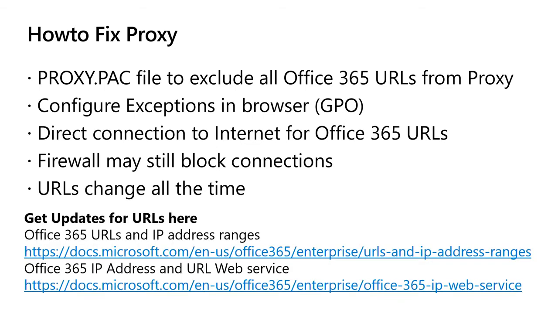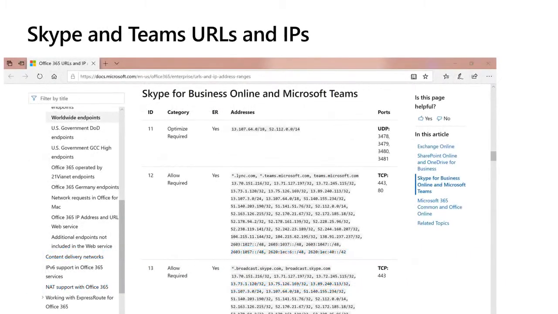Then let's look at these URLs. You can actually get all of the URLs and the IP addresses that Office 365, Microsoft Teams, and Skype for Business are using. But of course, this is the list. You see there are URLs in here, like Teams.microsoft.com, and a whole other list of URLs. This is interesting to know, but you have to update your configuration probably a lot of times.